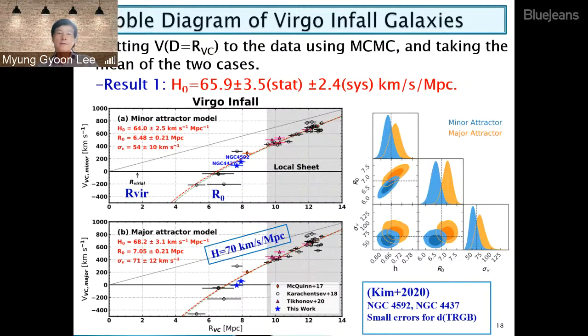The data show decreasing velocity toward the galaxy cluster, and around this position, the velocity becomes almost zero, showing the zero-velocity radius. So fitting the equations to this data, we can derive the value of the Hubble constant first, like this, a 66, plus some errors.